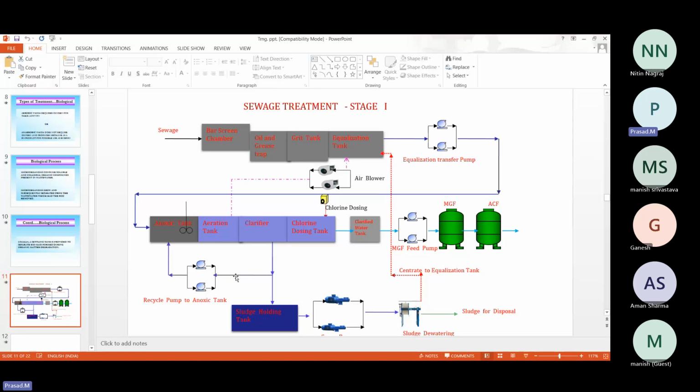Those bacteria will go again to the process and get activated again. If we remove all the sludge, then it is a problem, because whatever culture we developed during commissioning will be disturbed. So that's why we are recirculating the sludge and wasting the sludge. You understood why? What is the reason behind that? Why are we recirculating the sludge and why are we wasting the sludge?